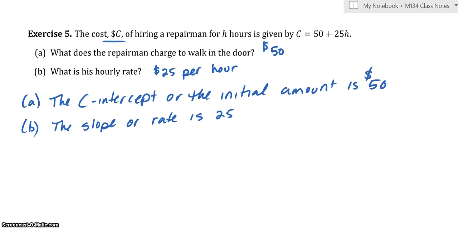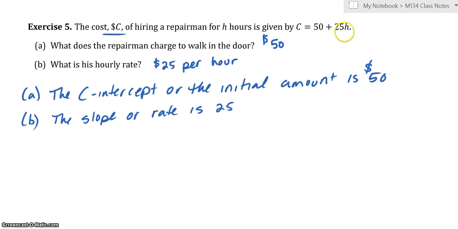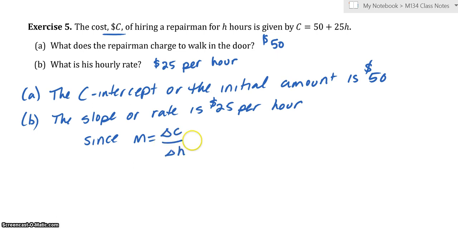We know the slope or the hourly rate is the number in front of the variable, the 25, and that rate would be in dollars per hour, since m is the change of y, in this case C, over the change of x, in this case H. So this would be 25 over 1, dollars over hours. And that's the m. And by the way, I should have said B equals 50. So we use the m and the b as well.